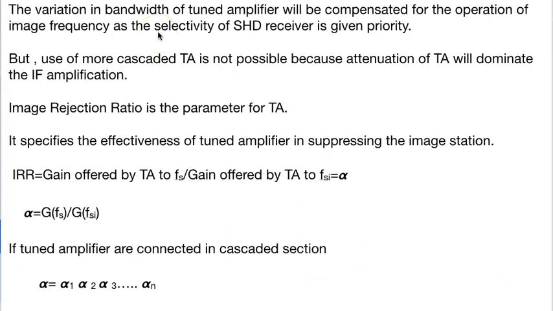Now there are two other parameters. One is IRR, image rejection ratio, which is the gain offered by the tuned amplifier to FS, over the gain offered by the tuned amplifier to FSI, which is alpha, and that should be less than 1, I must say.